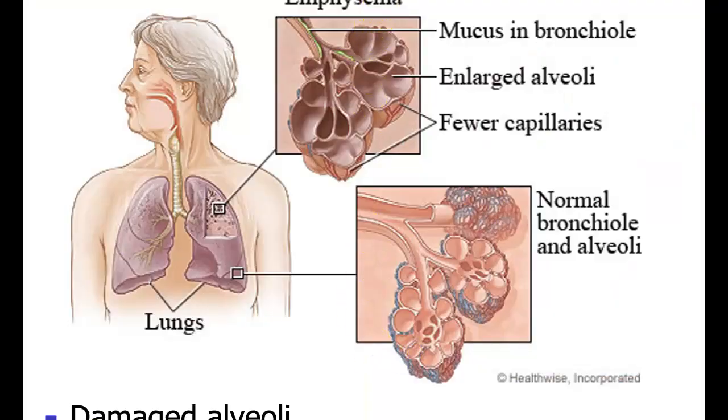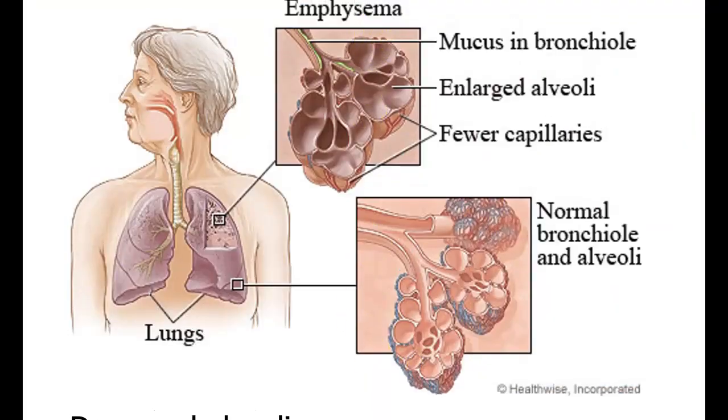Okay. Next, we're going to talk about emphysema, which also causes mucus in the bronchiole. And it also causes enlarged alveoli, and the problem with this is that with enlarged alveoli, you have fewer capillaries. You have less possibility of oxygen and carbon dioxide exchange at the alveolus.